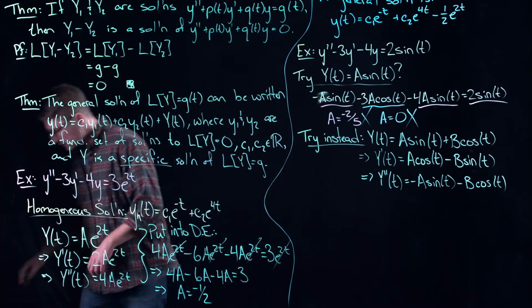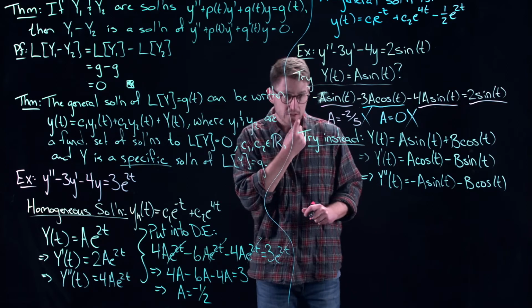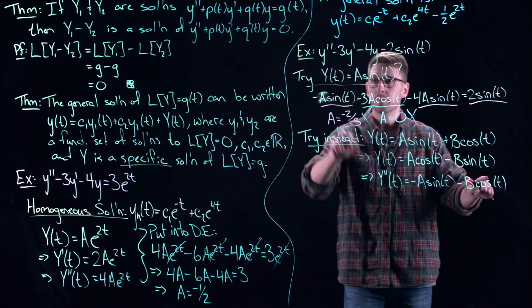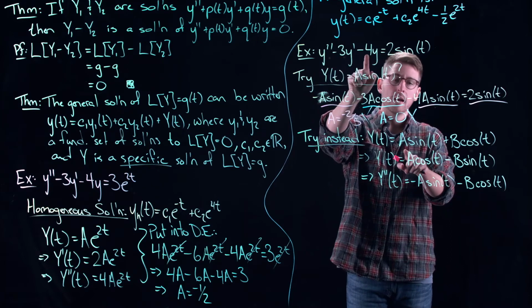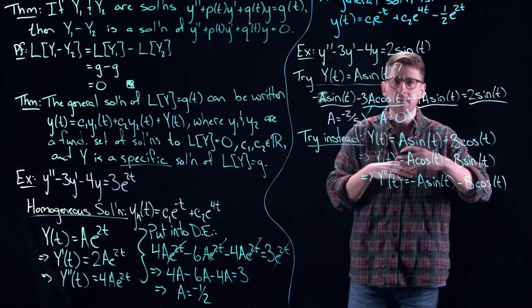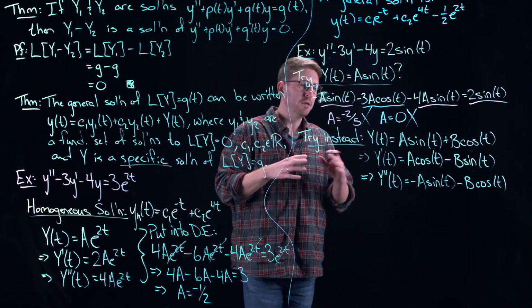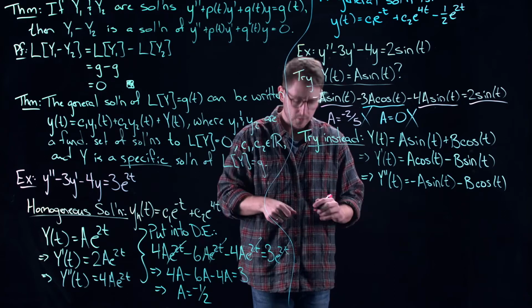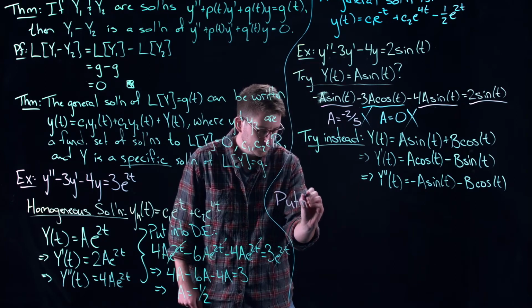So in this case, you can take these things and put them into the differential equation. All you're going to do is put in y double prime, and then minus 3y prime, and then minus 4y. I'm going to jump ahead a little bit here and show you what happens, because it's just a mess. It'll take up a lot of the board. But we can say, put into the differential equation.